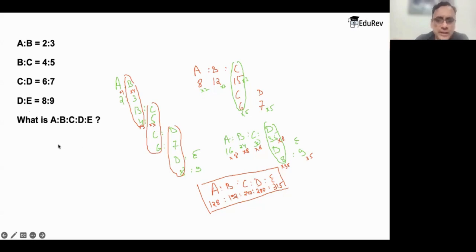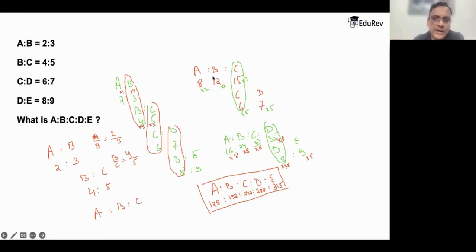Let's just focus on A, B, C. A is to B is 2 is to 3. B is to C is 4 is to 5. Okay. So when we got A is to B is to C, this I can also write A upon B is 2 upon 3. B upon C is 4 upon 5.